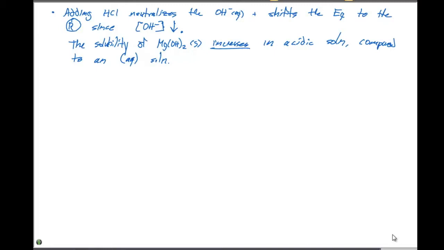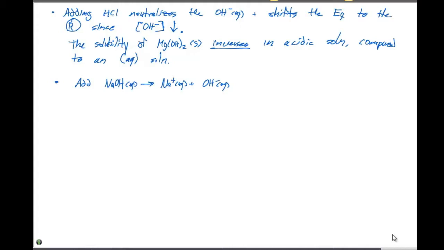I'm not going to draw out the figures for this, but I'm going to make another statement about what would happen if we add NaOH. This is the same principle that we see for the common ion effect. By adding NaOH, we're producing Na+ ions in solution plus OH- ions in solution.